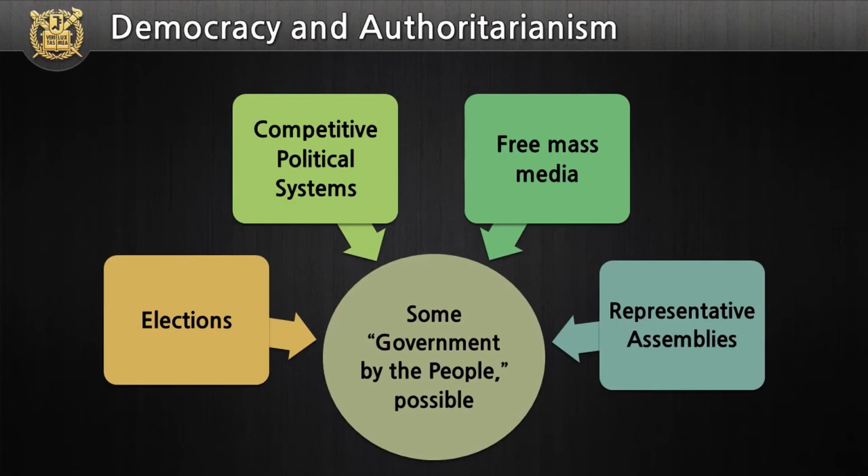Competitive political parties, not the authoritarian ones, and free mass media gotta give us objective information, and representative assemblies, the legislature that truly represent us, the legislature that actually look like us.